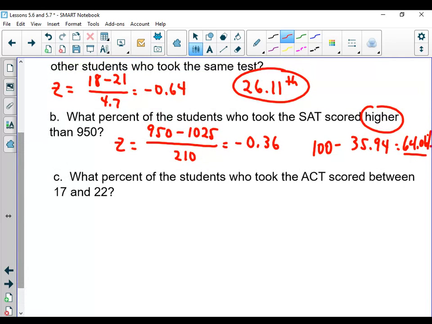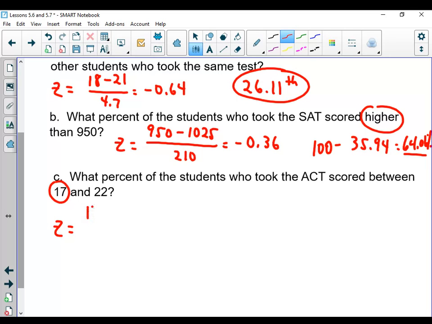All right, last example here. This one, they want to know what percent of the students who took the ACT, so we're back to ACT, scored between a 17 and a 22. Well, for a problem like this, we really are going to do two different things. We're going to focus just on the 17, and then we'll focus just on the 22. So when we focus just on the 17, I'm going to do what we have been doing. I'm going to start with the z-score.